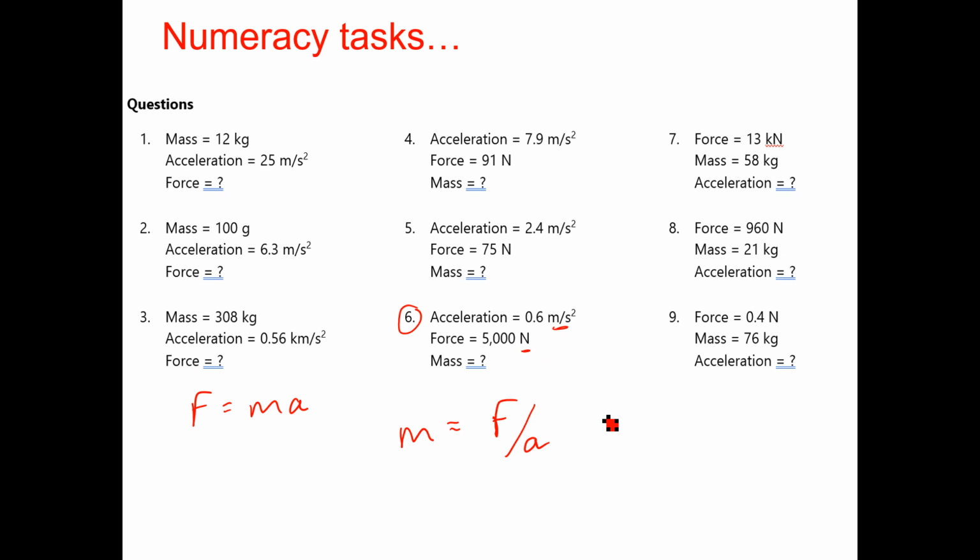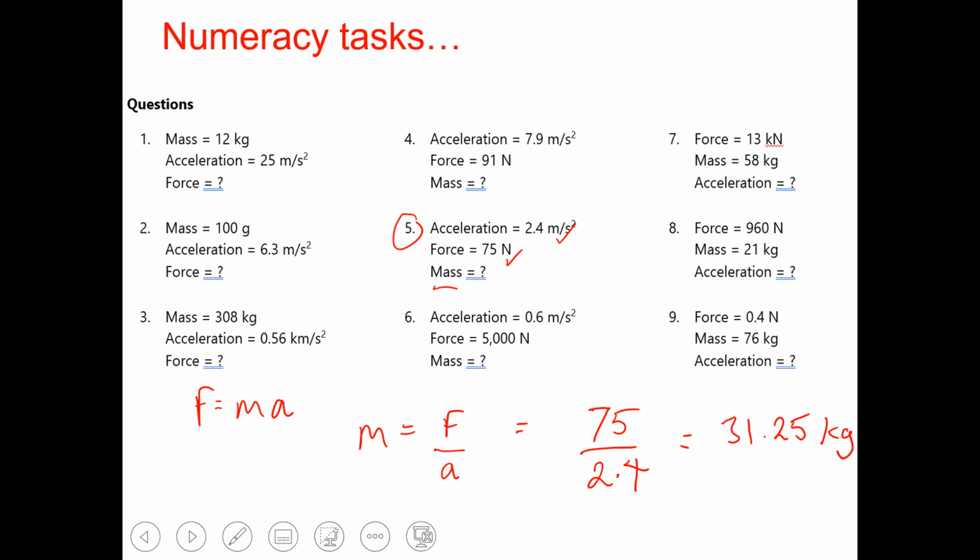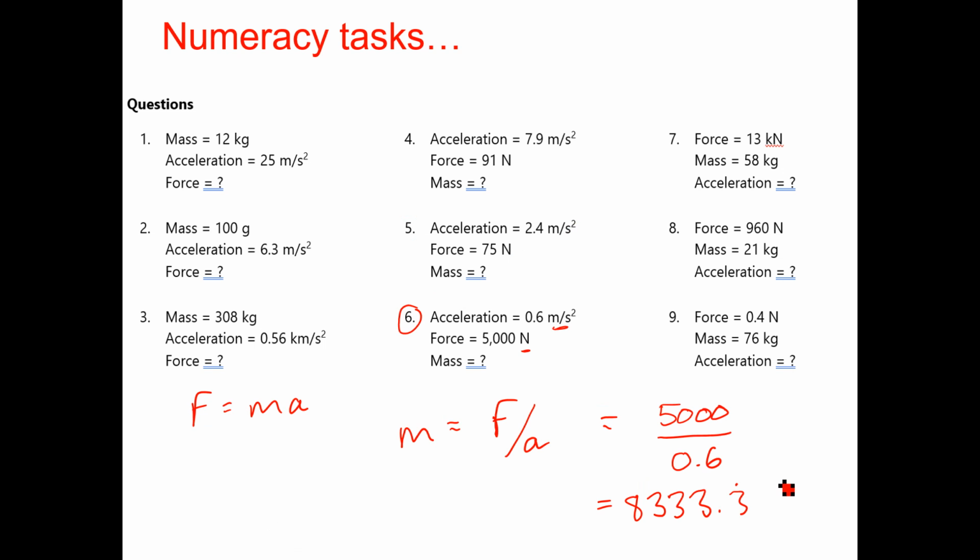We just do the calculation. 5,000 newtons, so a large force to produce quite a small acceleration. So 5,000 divided by 0.6, 8333.3. Again, we're calculating the mass, so we have our unit.